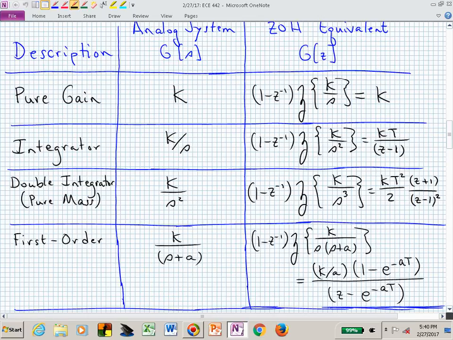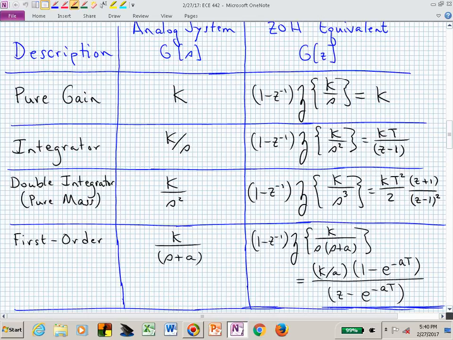So now if we wanted the DC gain of a first-order system in this expression, we have k over 0 plus a, or k over a is our DC gain. That's what the gain is. If we injected a DC waveform, it would then get scaled by this amount, k over a, in an analog setting.